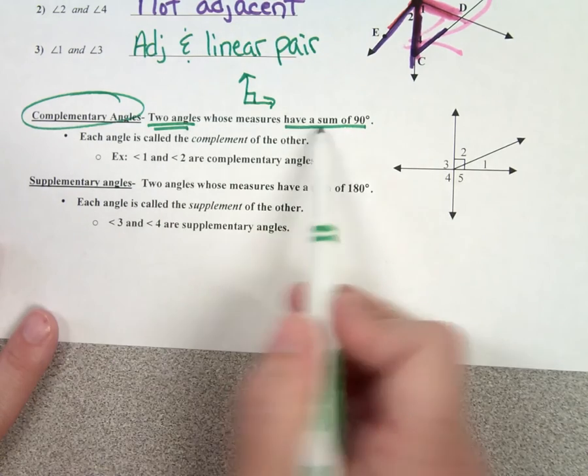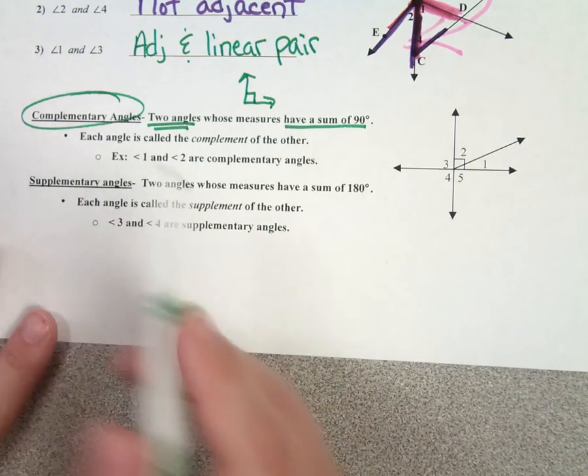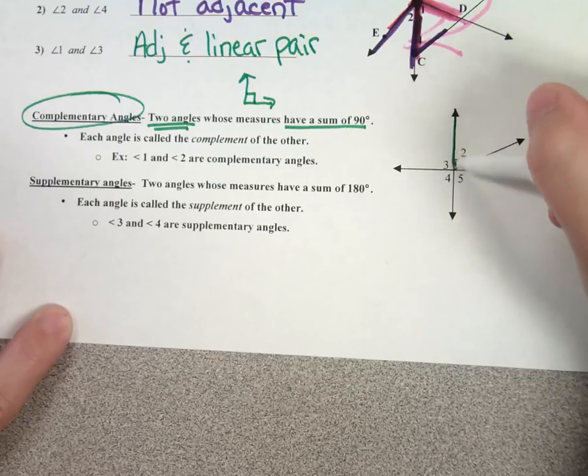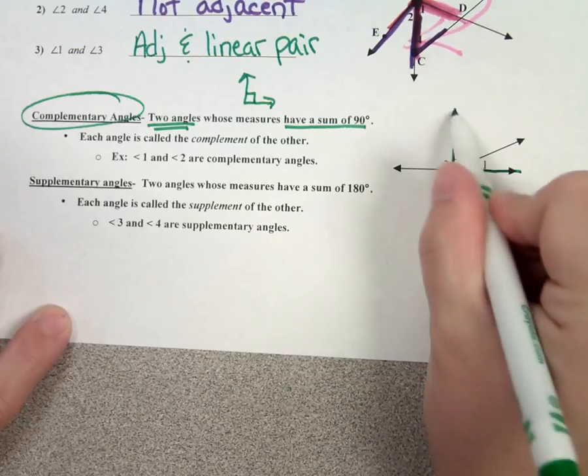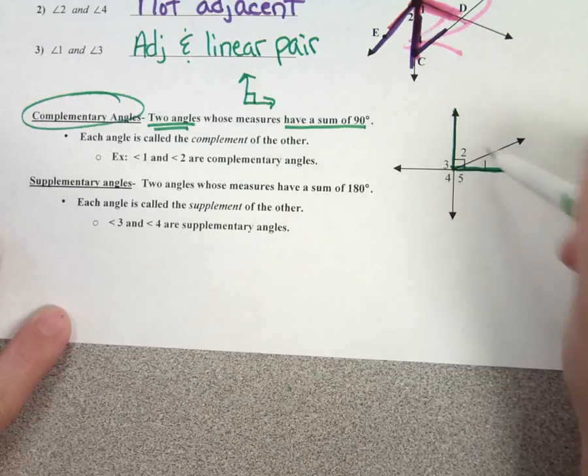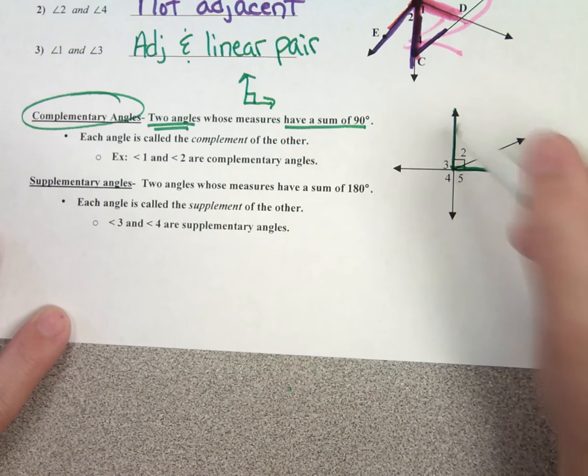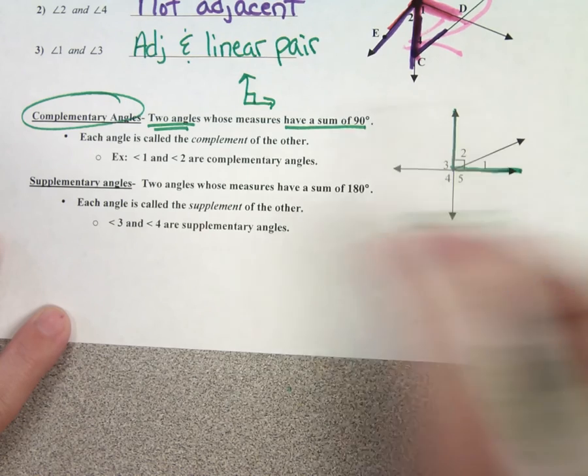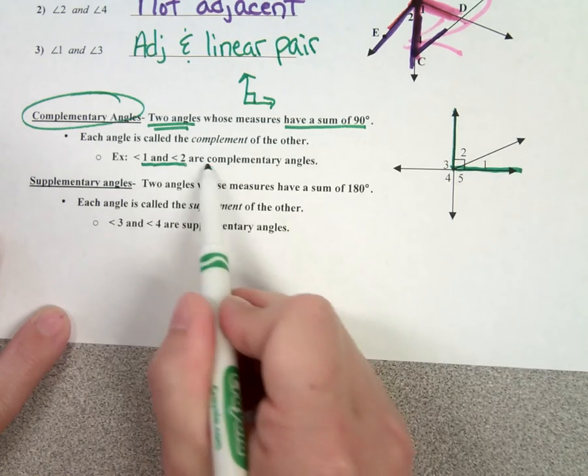But if you have two angles that add to be 90, those are complementary. So right here, you can see this right angle, and I know it's a right angle because of the right angle box, and it's made up of these two angles. So these two angles, angle 2 and angle 1, will add to be 90, so that means that angle 1 and angle 2 are complementary.